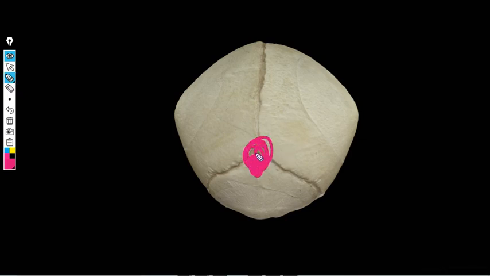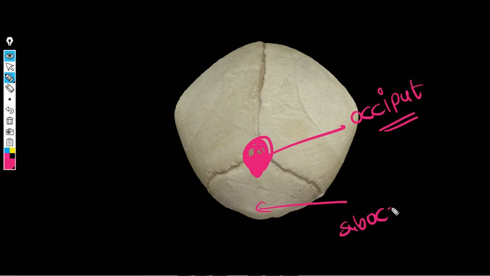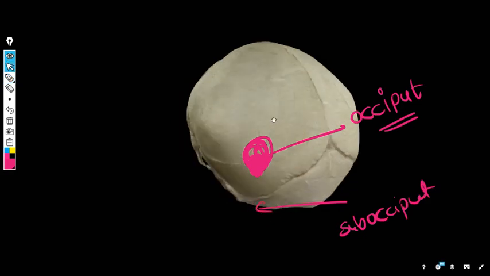This particular point of the fetal skull is called the occiput, and below the occiput it is called the subocciput. This is occiput, this is subocciput. Okay, let's go to the front.